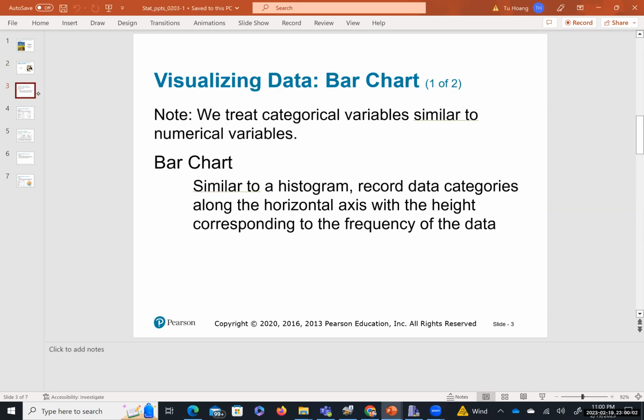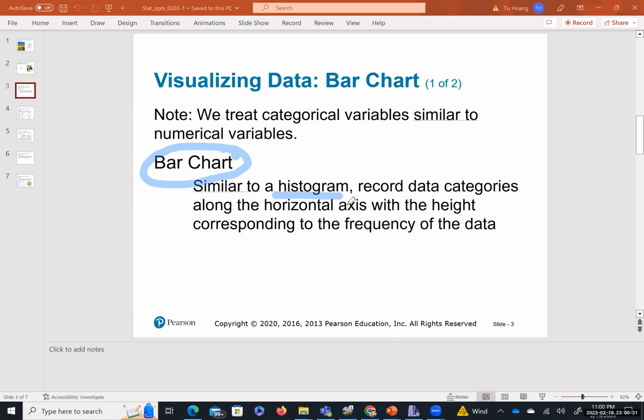So first, talk about categorical variables. If we treat it similar to numerical variables, a bar chart is mainly for the categorical one, and it's similar to a histogram.